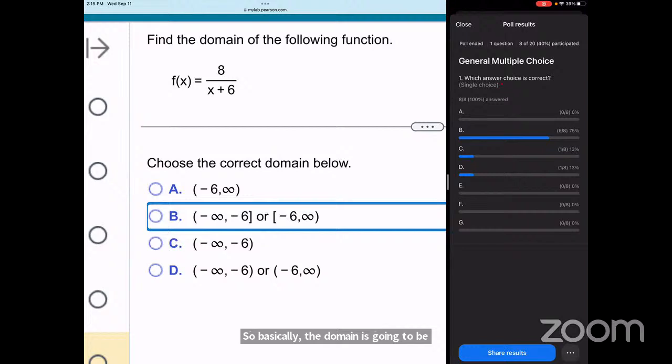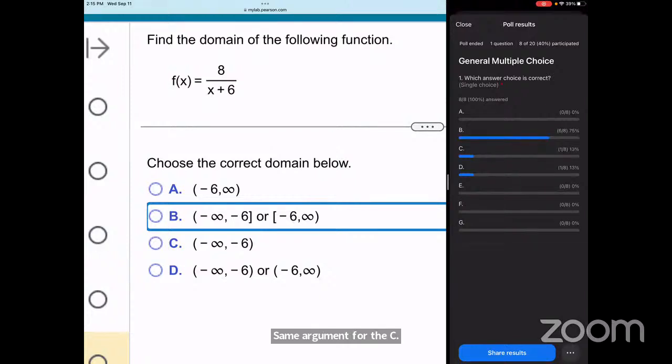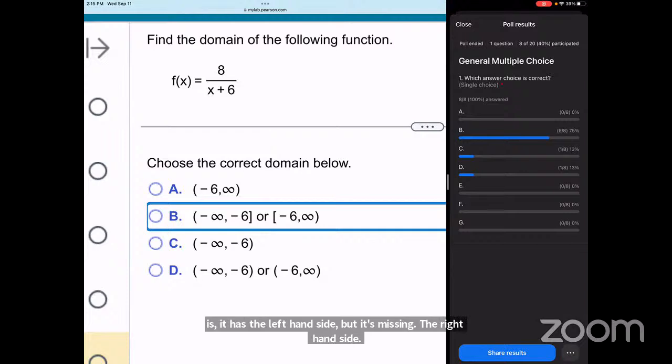So part A is missing half of it. It has the right hand side, but it's missing the left hand side. Same argument for C. It has the left hand side, but it's missing the right hand side. The problem with B is the symbol. It's very subtle.